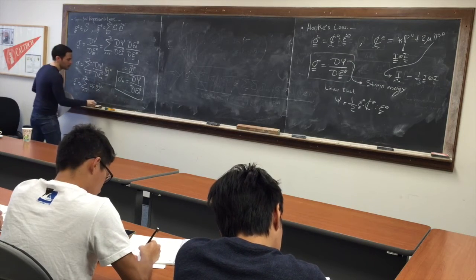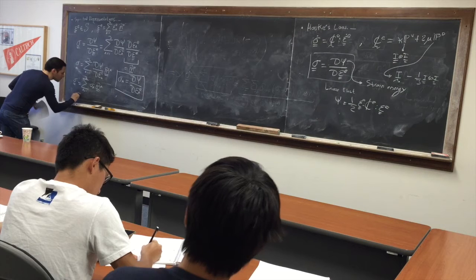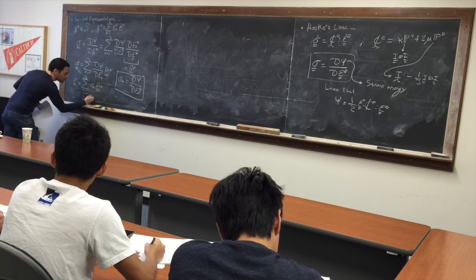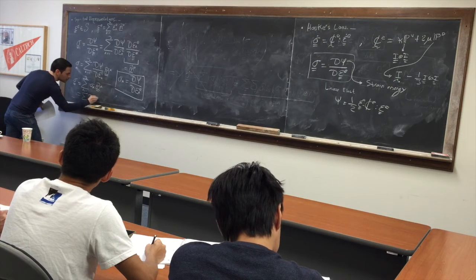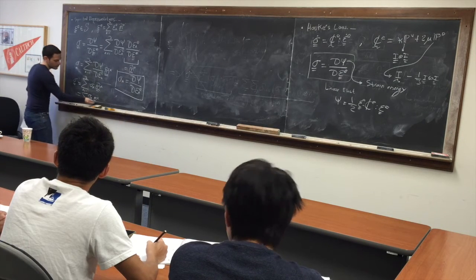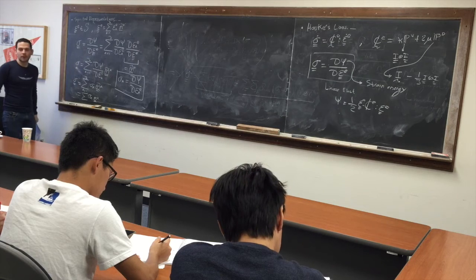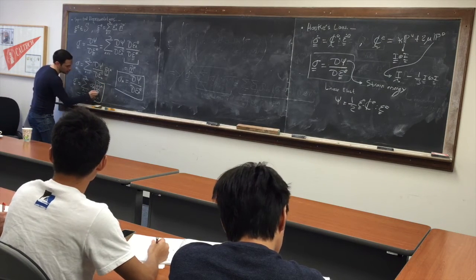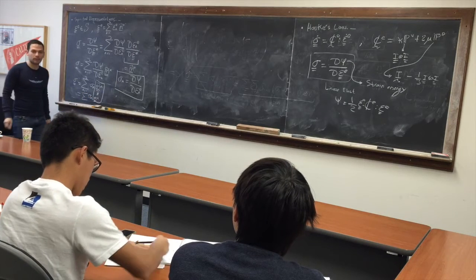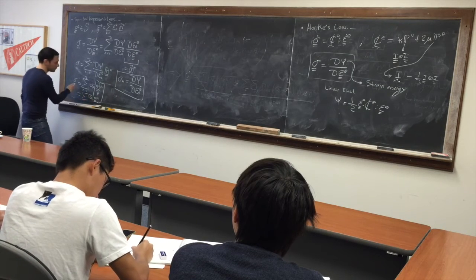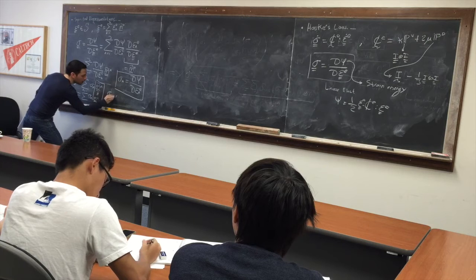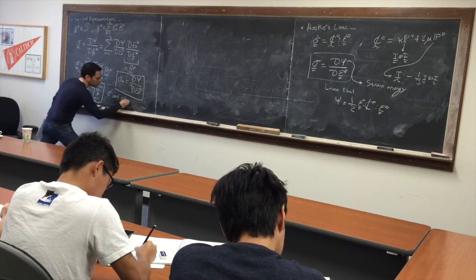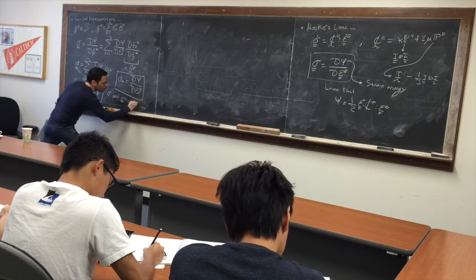But we know that this is also equal to the same summation sigma A MA. So hence we have that these two guys are equal, and therefore sigma and the elastic strain are coaxial.